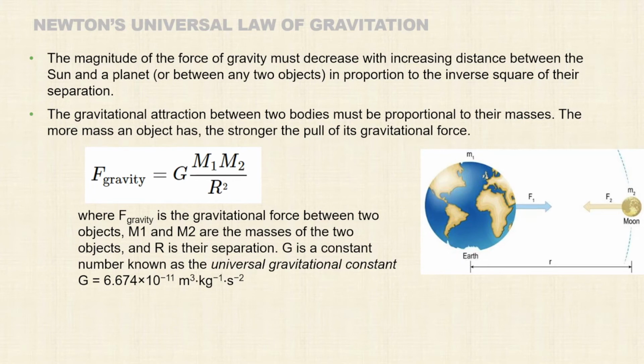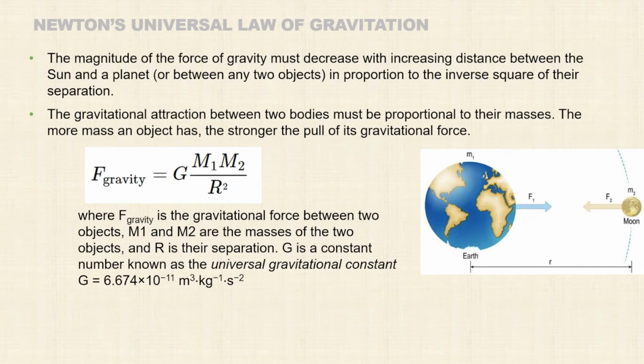1 meter apart, 1 kilogram and half a kilogram. With a 1 meter distance, the universal gravitational constant G is 6.67 times 10 to the power minus 11. That's a constant number, so you can use the G number here.